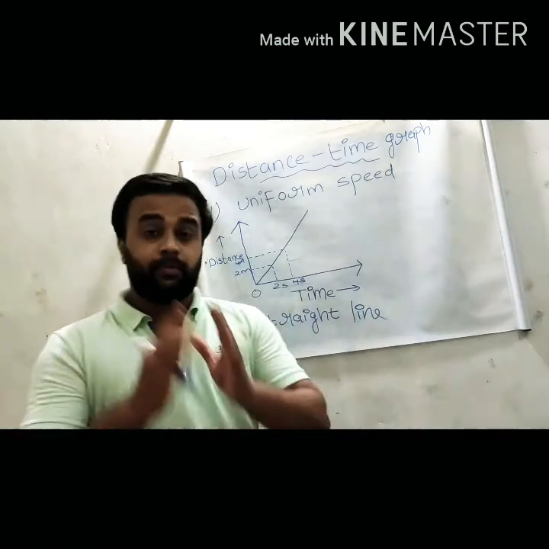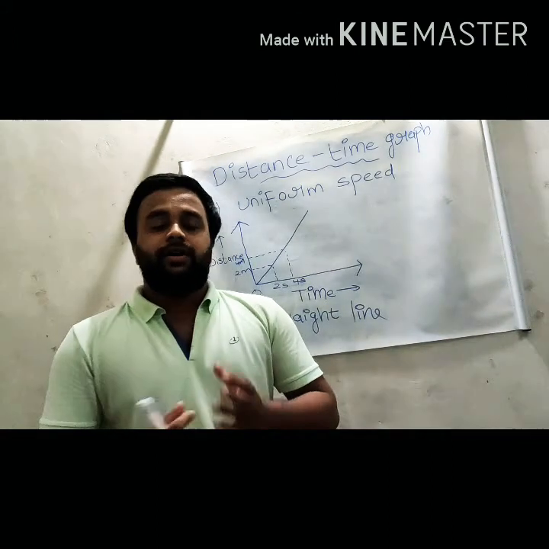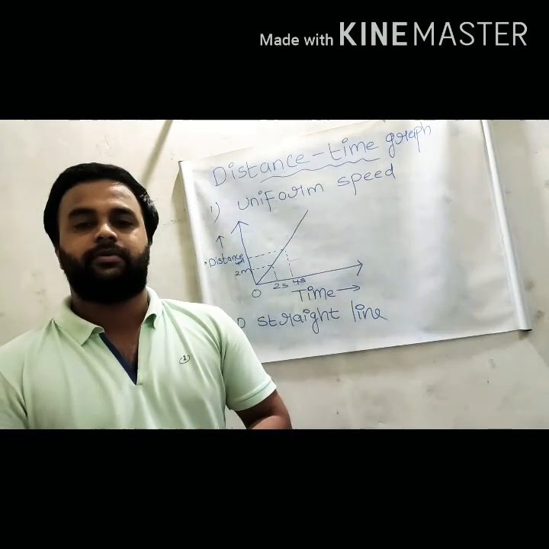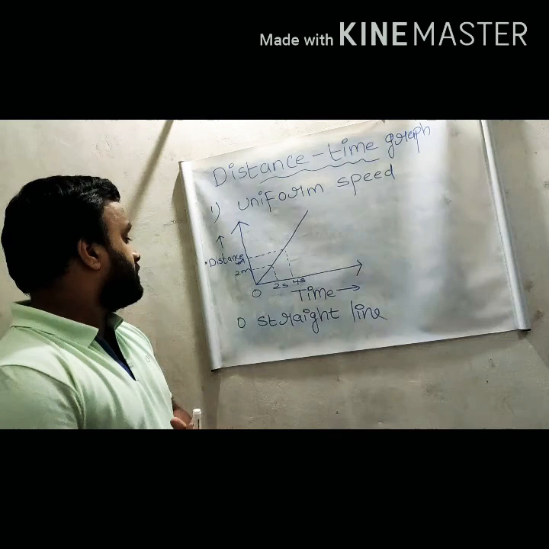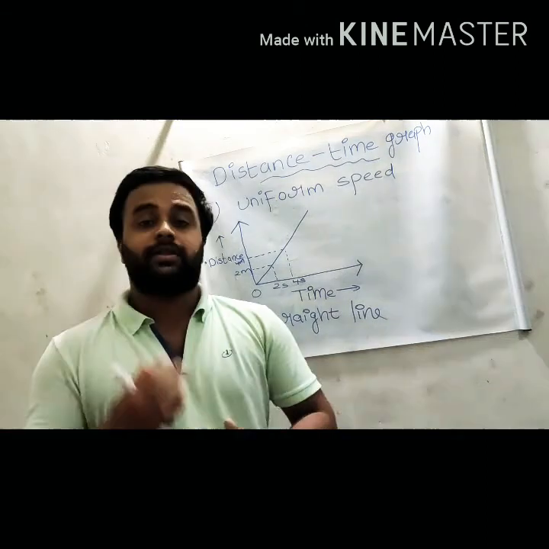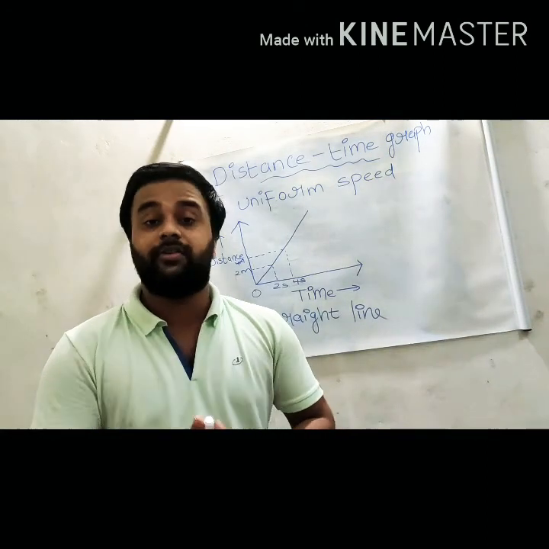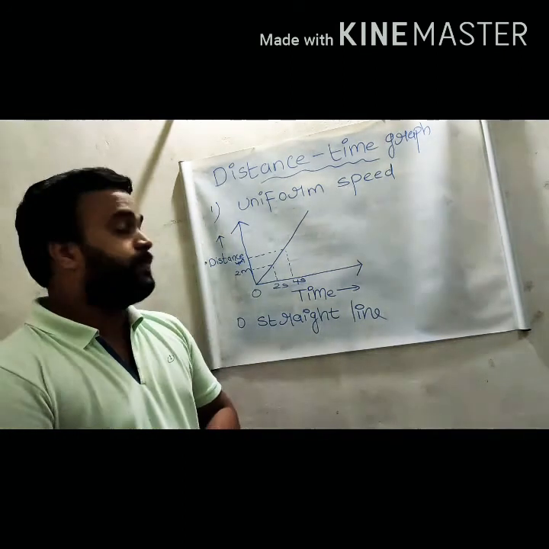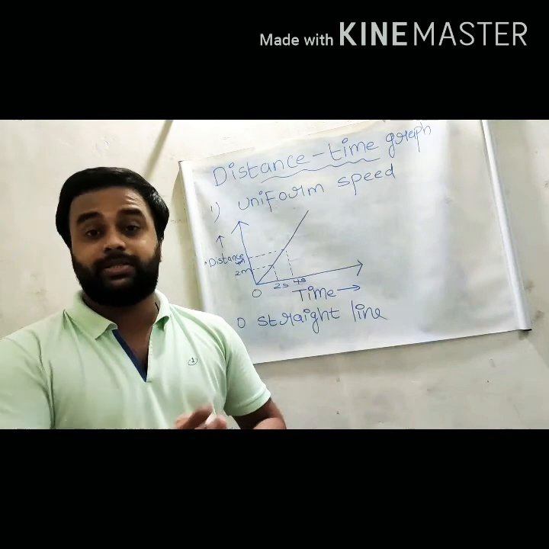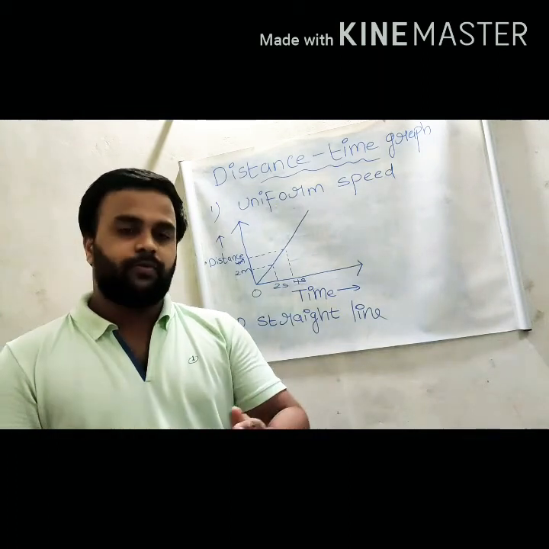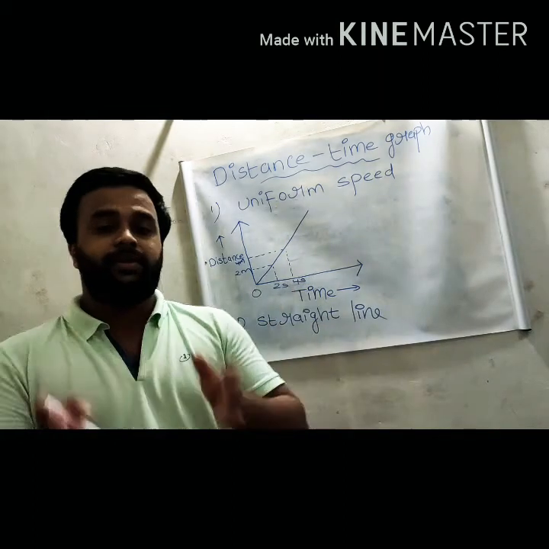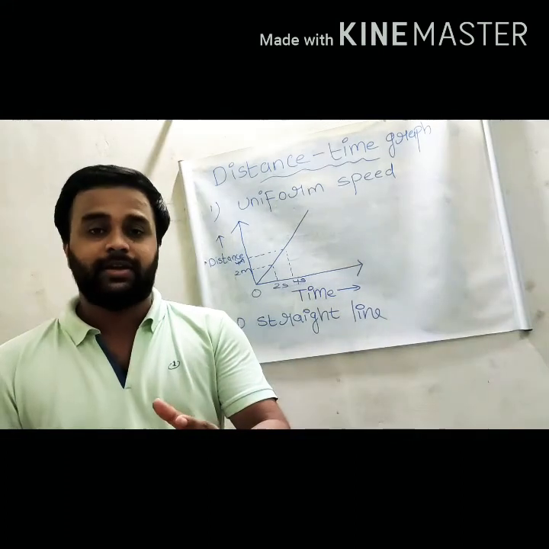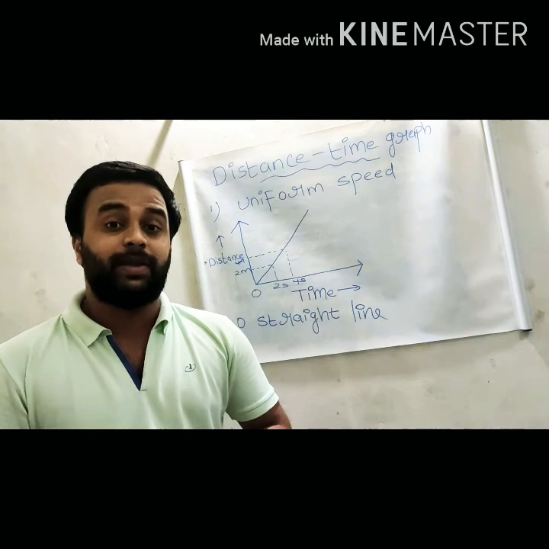One more point. What quantity will we get from the distance time graph? I think all of you know the formula for speed. Speed is equal to distance by time. So from the distance time graph for an object moving with uniform speed, we will get the quantity speed.